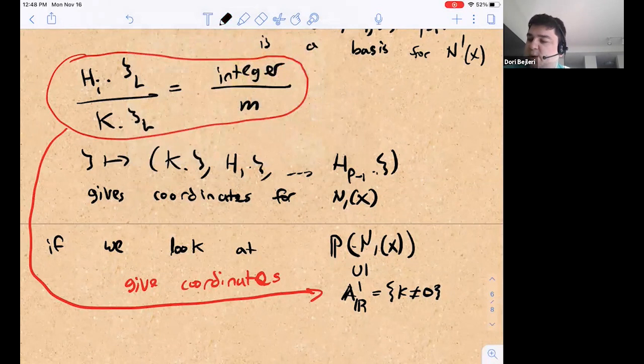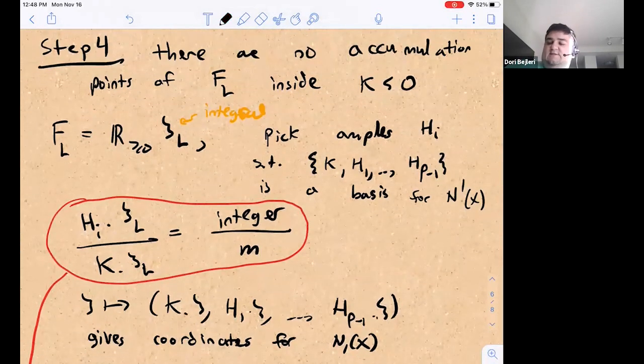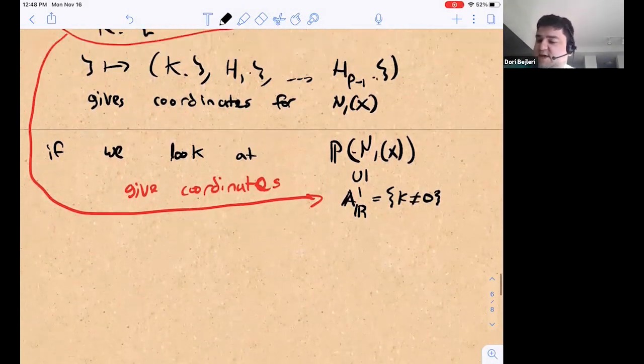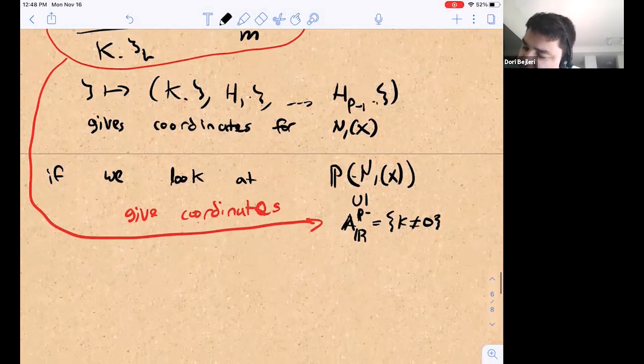But now we care about this half space K strictly less than 0. Over the real numbers, when we're projectivizing, K strictly less than 0 and K strictly greater than 0 are the same thing. When we're projectivizing, it's just not equal to 0. So this whole subspace maps to this A^{rho minus 1}.